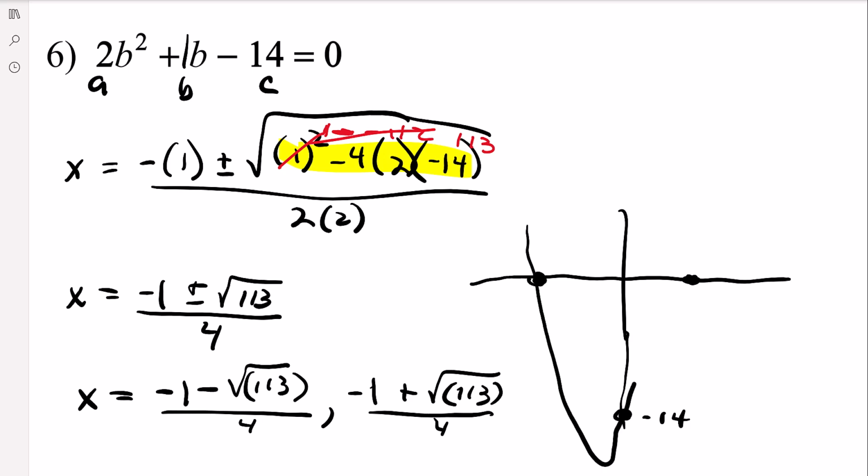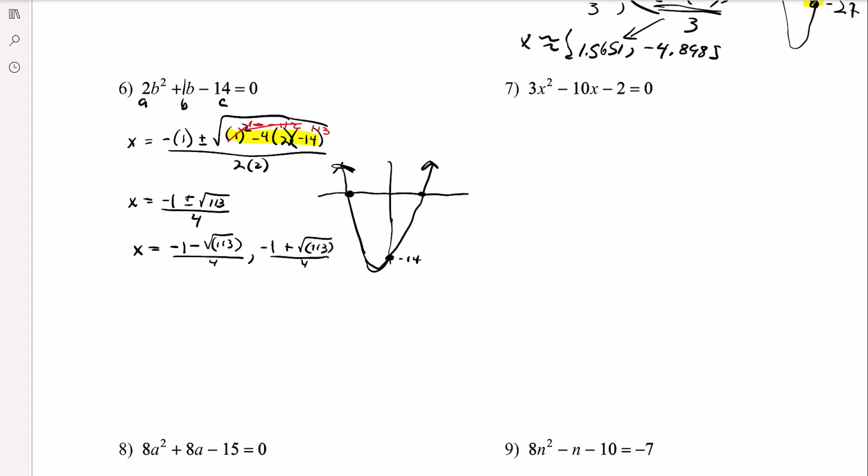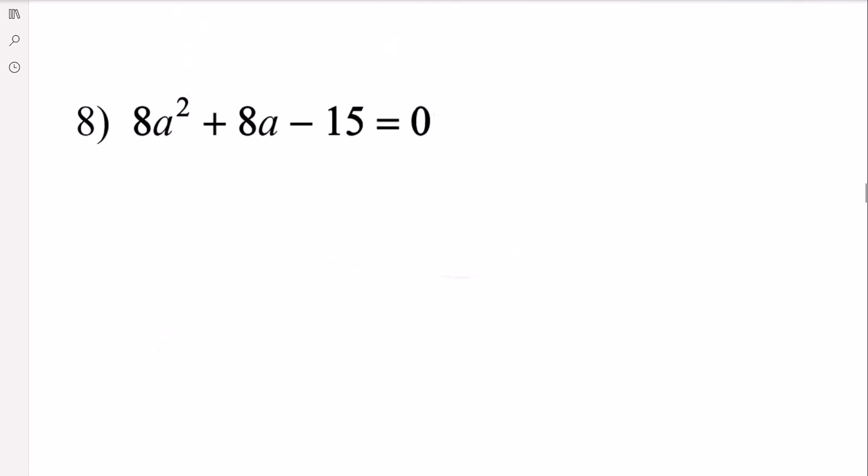Come down. I don't know. I didn't do that very well to scale. I don't know, something like that. Okay, let's come down here.